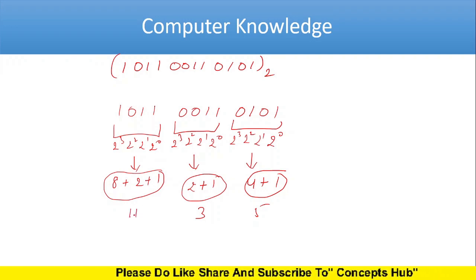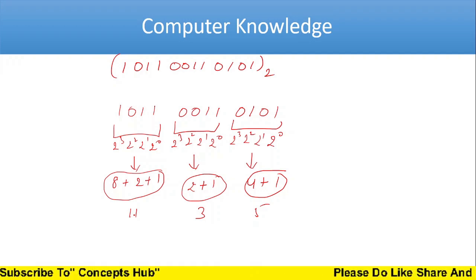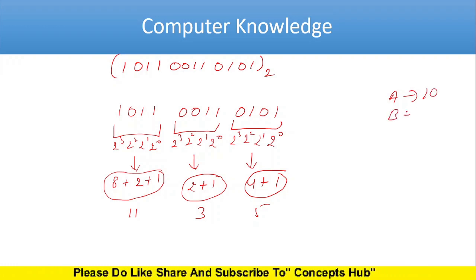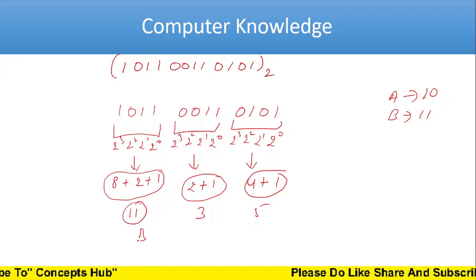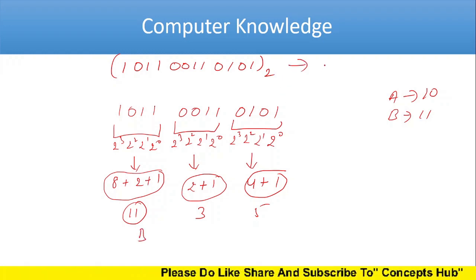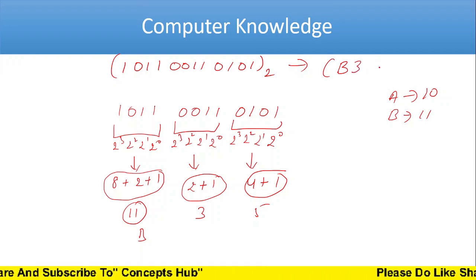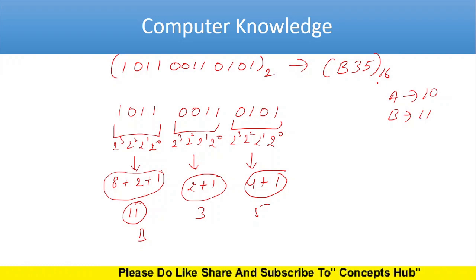Just now I said, if it is more than 9, A is 10, B is 11. So for 11 it is B. So we will write B35 to the base 16.